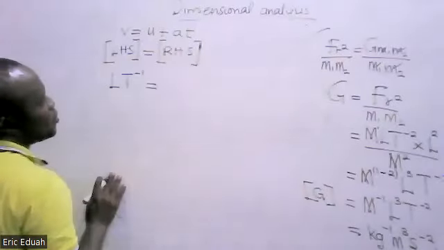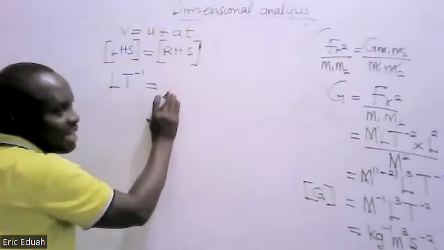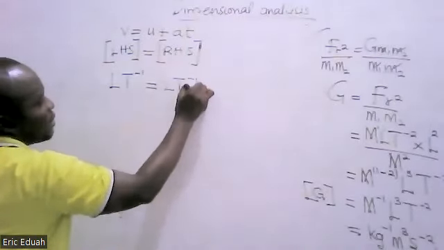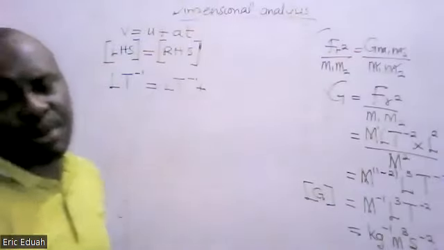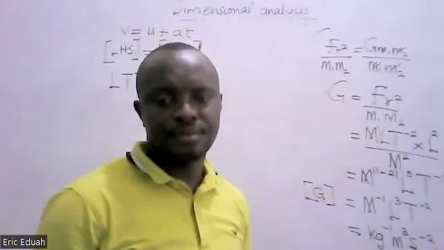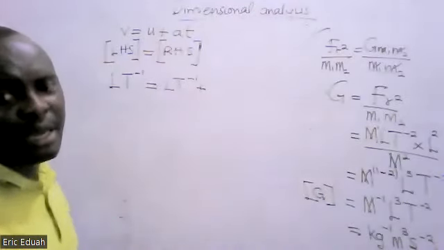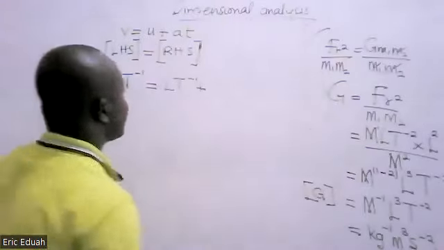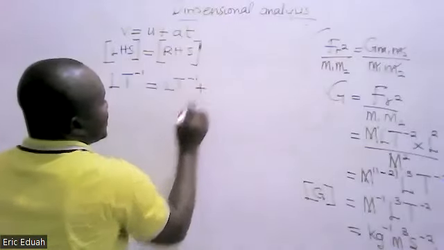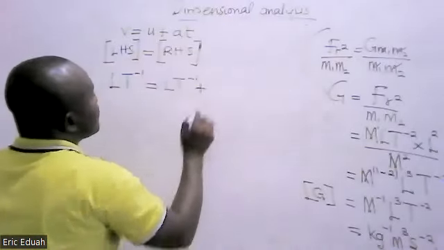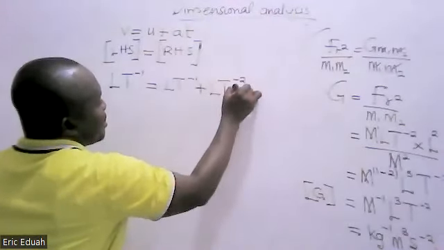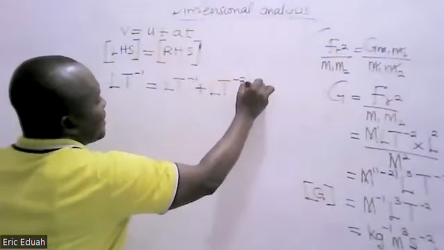This must be equal to U is initial velocity, so LT to the power negative 1 plus what's the dimension of acceleration? The dimension of acceleration is LT to the power negative 2. And then the dimension of time is T.